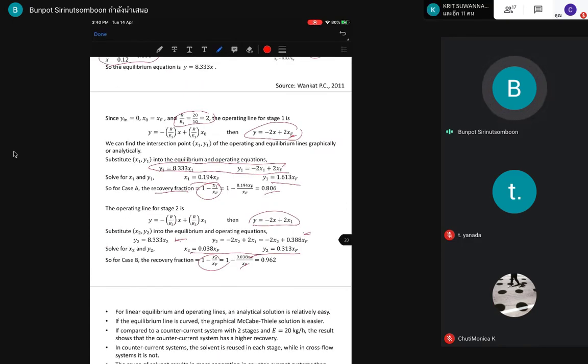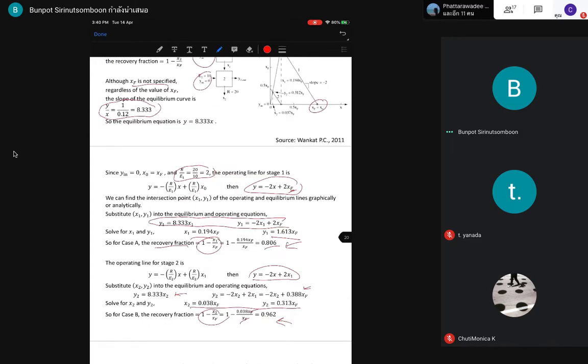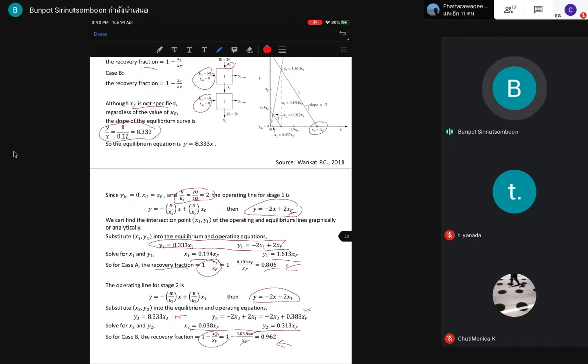Single stage gives you this, and if you use two stages, the second stage gives you this. This one is a little tricky because XF is not given, but you don't need it because the question asks for recovery fraction, so XF is going to be cancelled out.